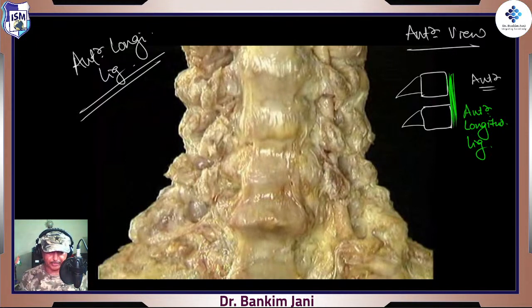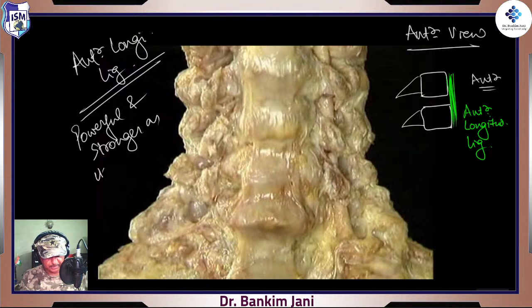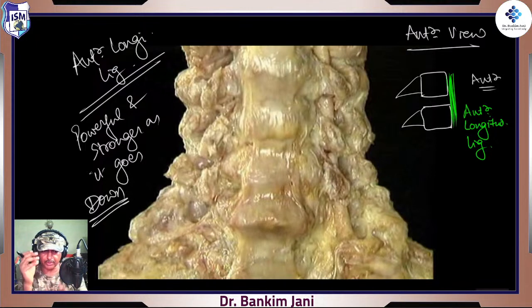Now, this ligament's speciality is that it starts as a weak ligament, and then as it goes down, it becomes stronger and stronger, right? As the vertebral bodies become bigger and bigger, this ligament starts getting more and more area to get attached.